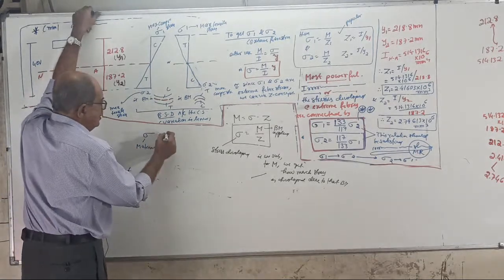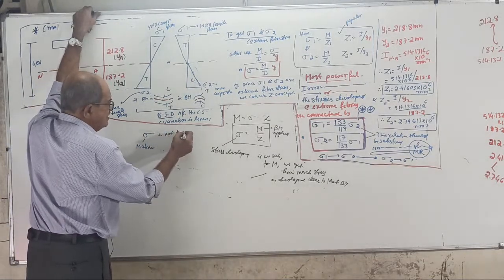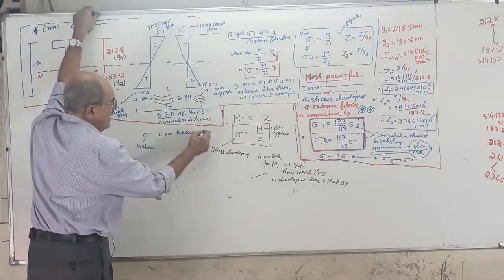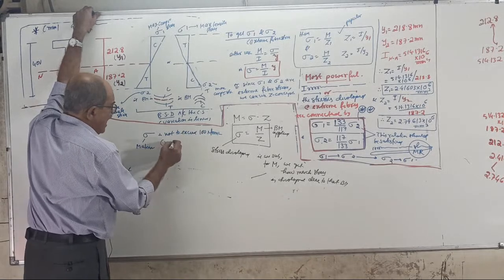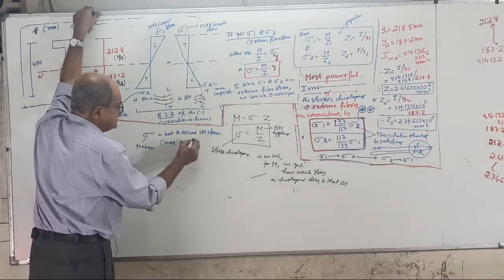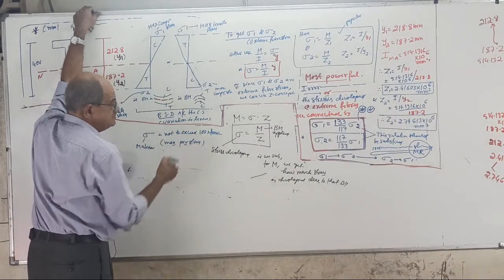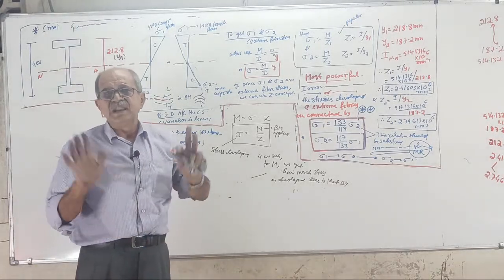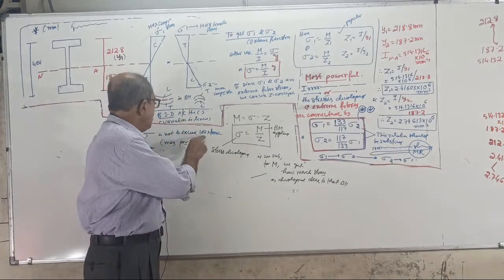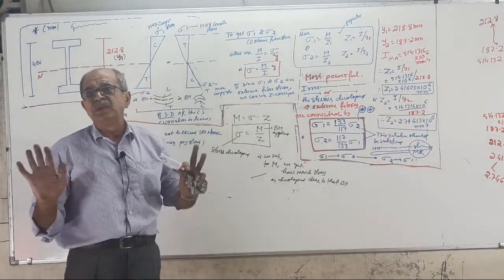Sigma is not to exceed, I'll put a number, 100 Newton per mm square. That is the maximum permissible stress. So there is a material for which the stress is not to exceed 100 Newton per mm square.